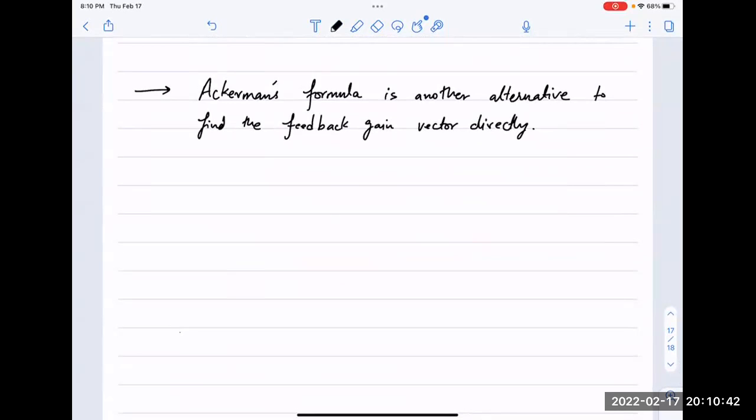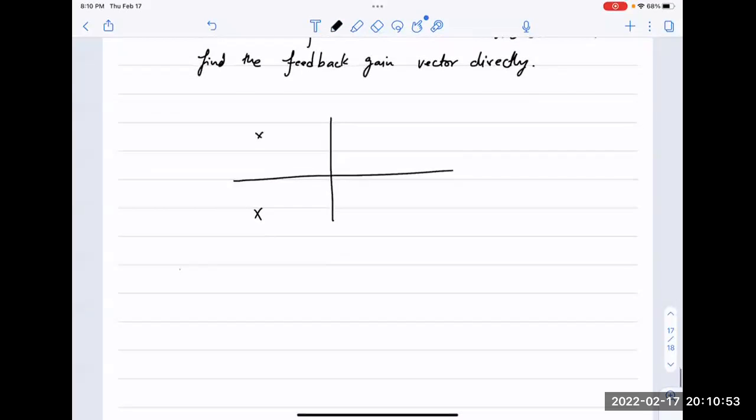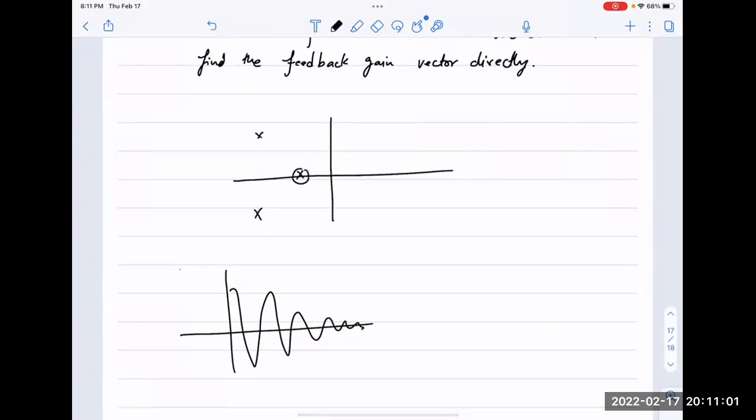And you've seen how poles have a different role in the system behavior. If poles are here, negative, then the system behavior is oscillatory. If the poles are here only, then the system has a smooth behavior. And if a pole is here, the system decays faster.